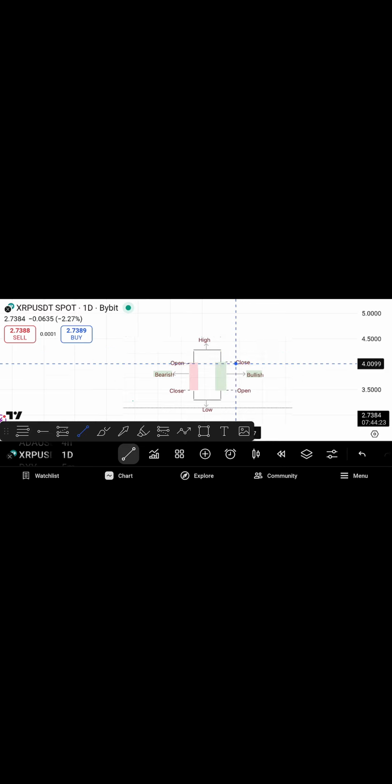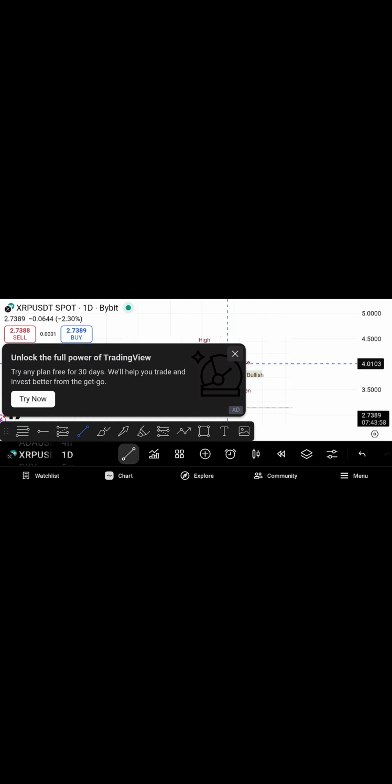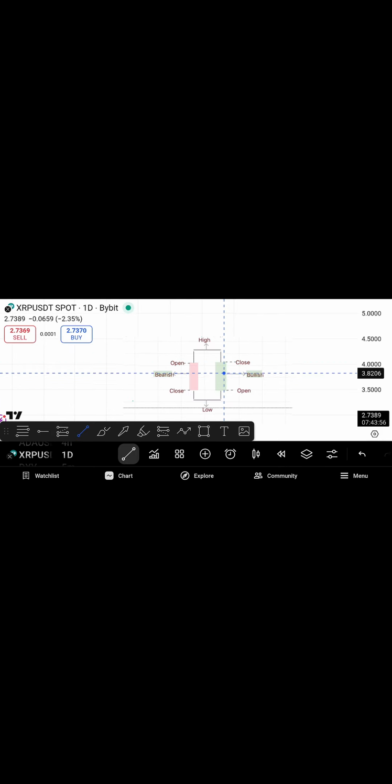So it opens from down and closes at up, because that is bullish, that is buy, after it finishes the specific hours that you set on the chart. So what creates this line that you are seeing? We call it a wick.